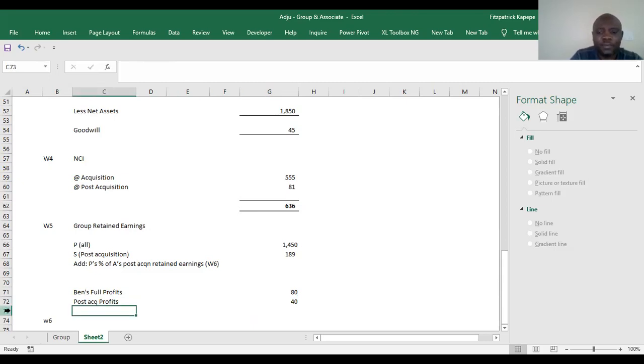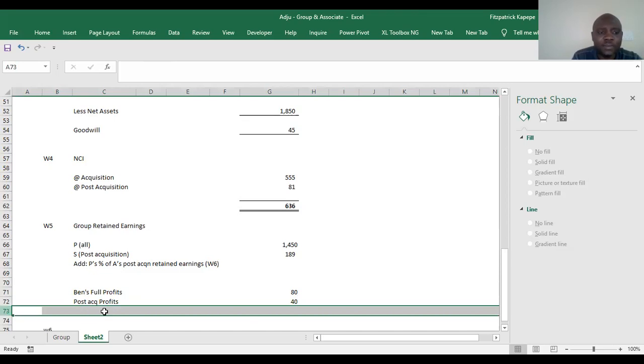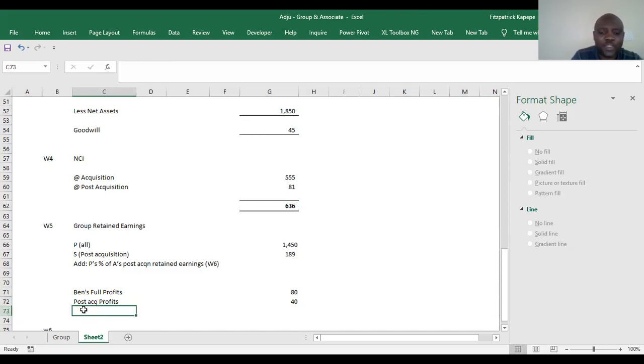Then now the profits attributable to Kambili will be this 40 times the 25%.